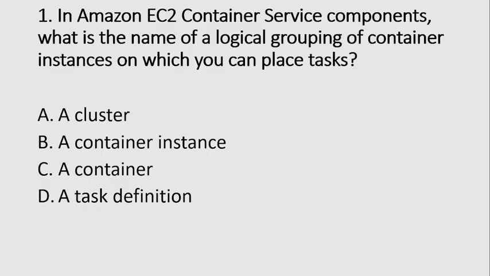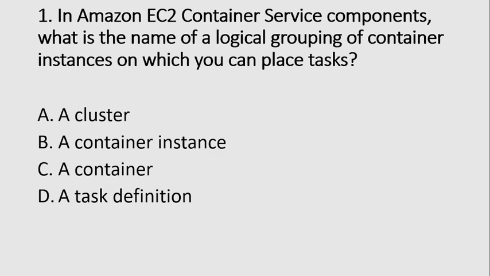The first question we are going to discuss is: in Amazon EC2 Container Service components, what is the name of a logical grouping of container instances on which you can place tasks?